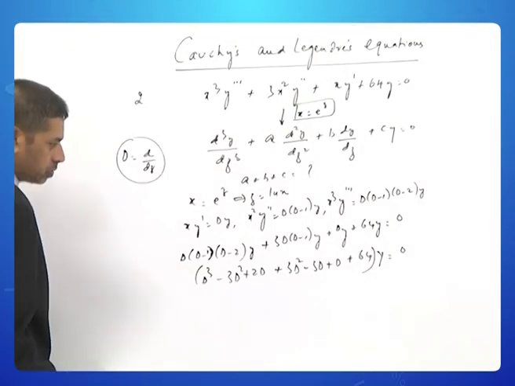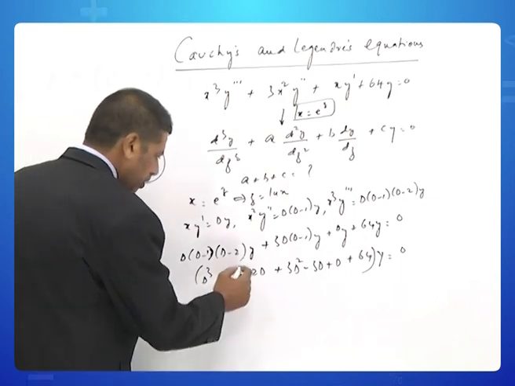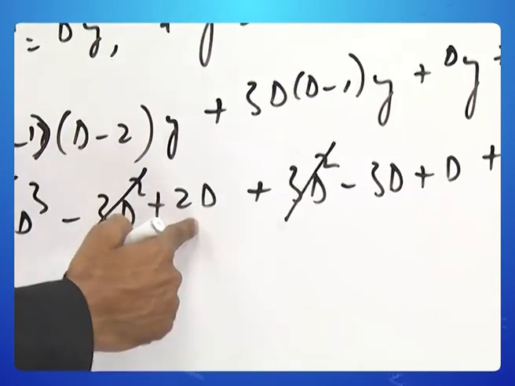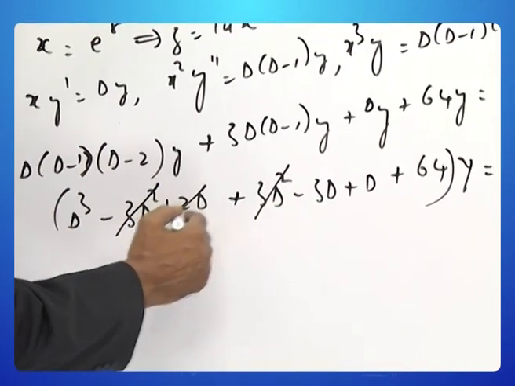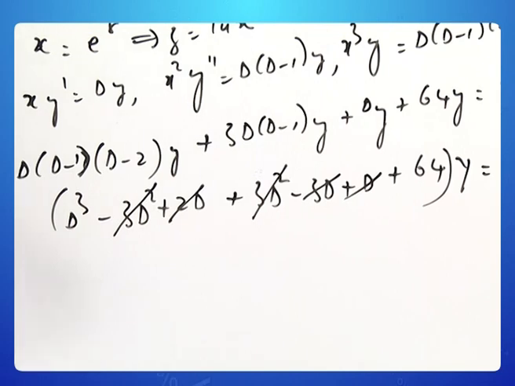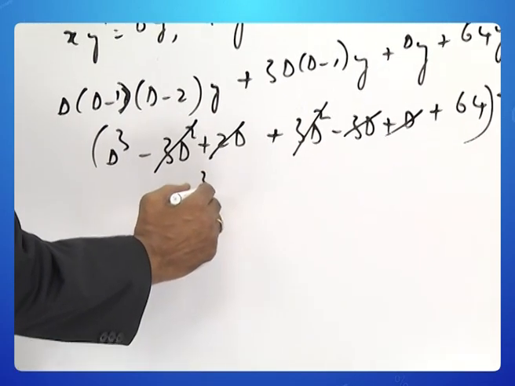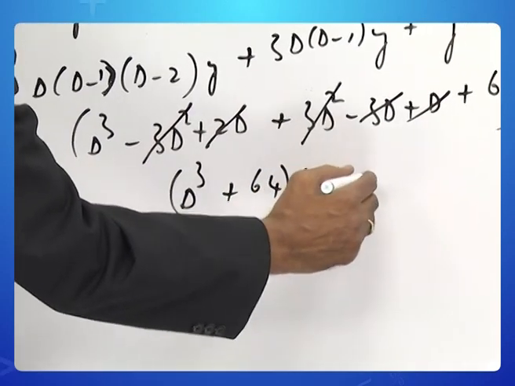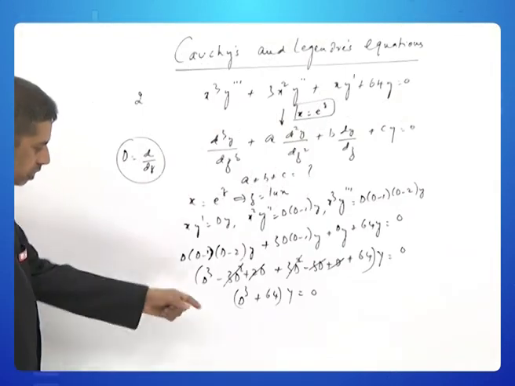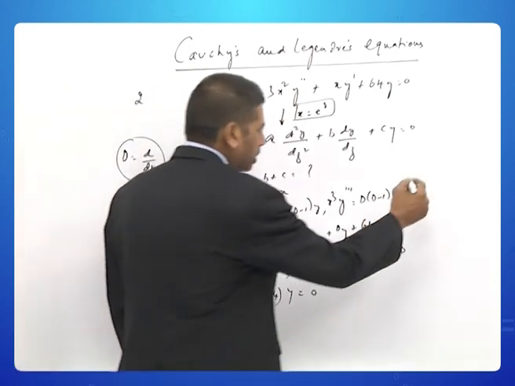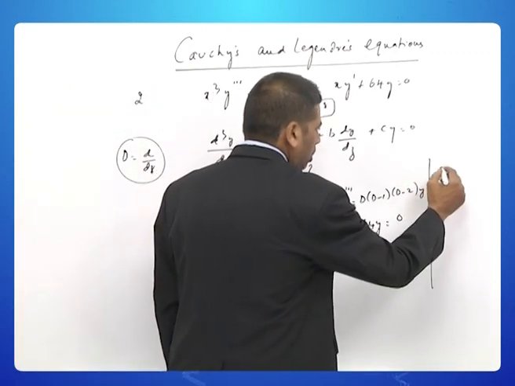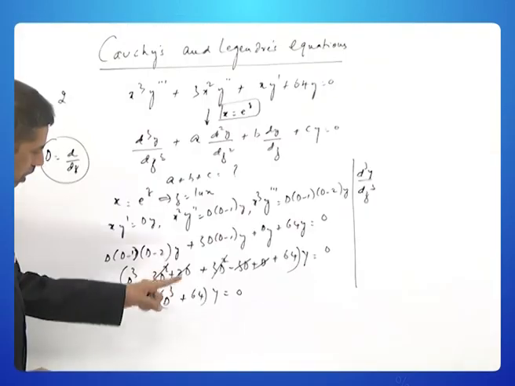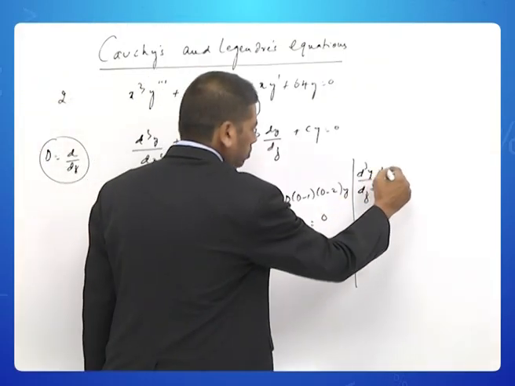So, you will find minus 3D square cancelling with 3D squared, 2D plus D cancelling with minus 3D, leaving behind just two terms, D cube plus 64 into y is equal to 0. So, if you expand this, you will get d cube y by dz cube plus 64y is equal to 0.